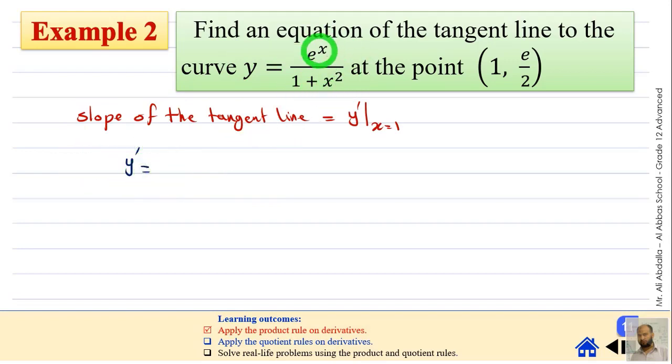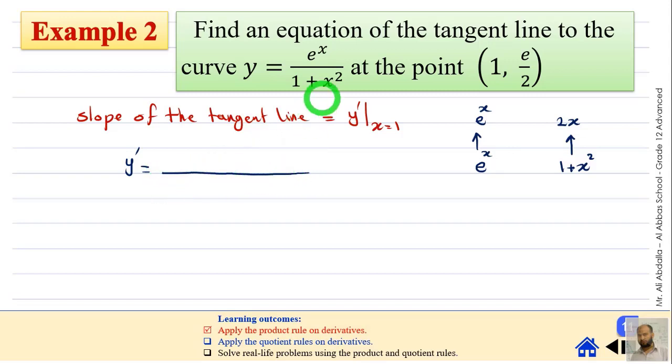Here we can apply the quotient rule because we have two functions. The first function is e to the power x, and the second function is 1 plus x to the power 2. The derivative of e to the power x equals e to the power x, and the derivative of the second function is 2x.